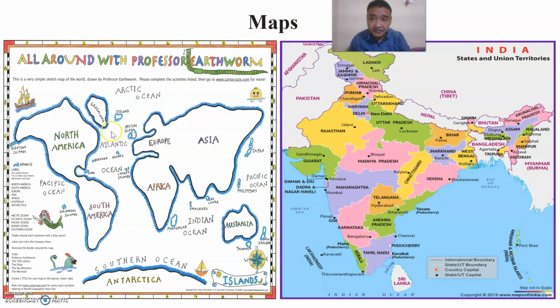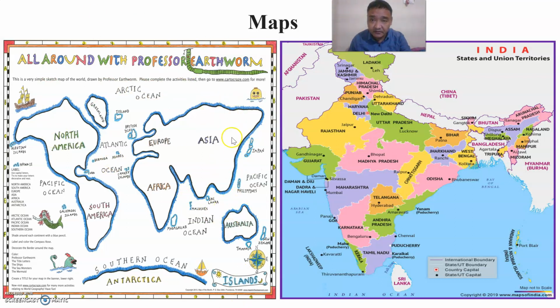So maps, you can see the map. This is the map, right? It is called the map. You can see these are the 7 continents. You see Asia is the biggest. It is a piece of paper on which you draw the map.